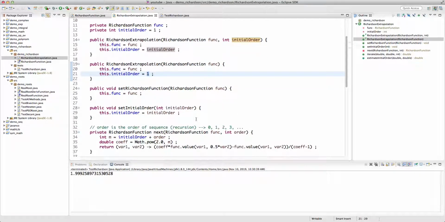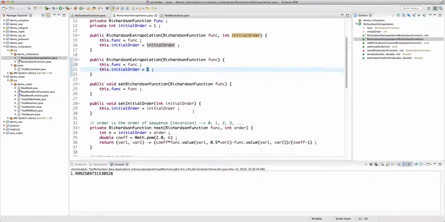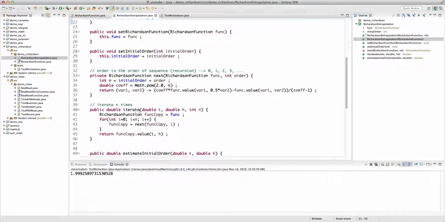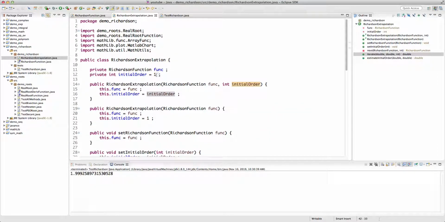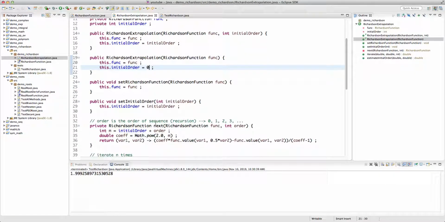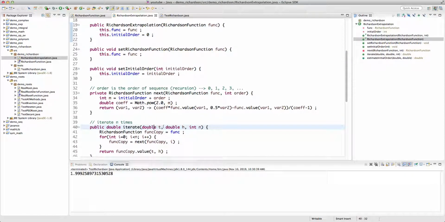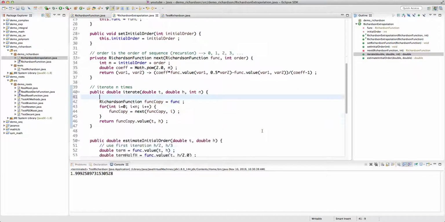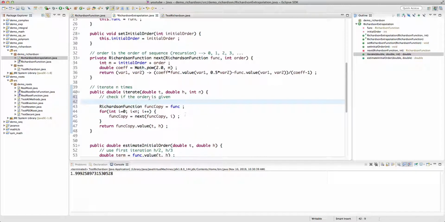And the problem is that, all right, so let's set this to 0. We're going to initialize: if no initial order is given, we set it to 0, and then here in the iterate we check if the order is given.